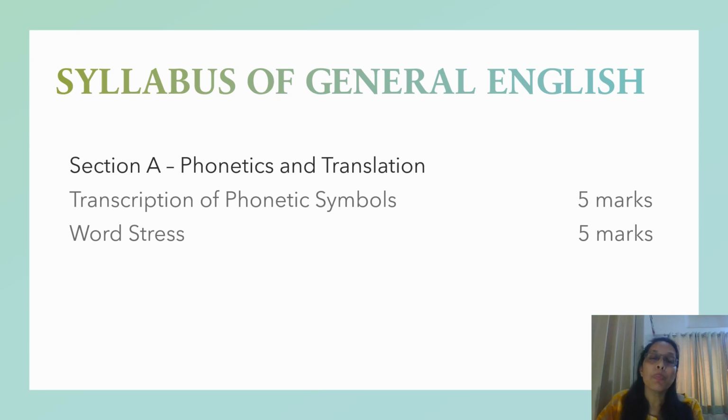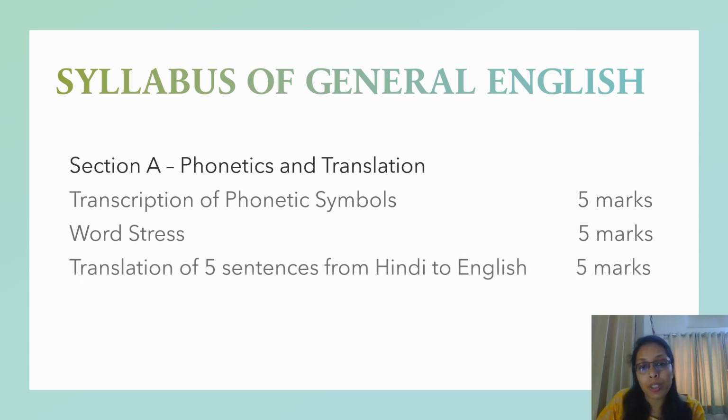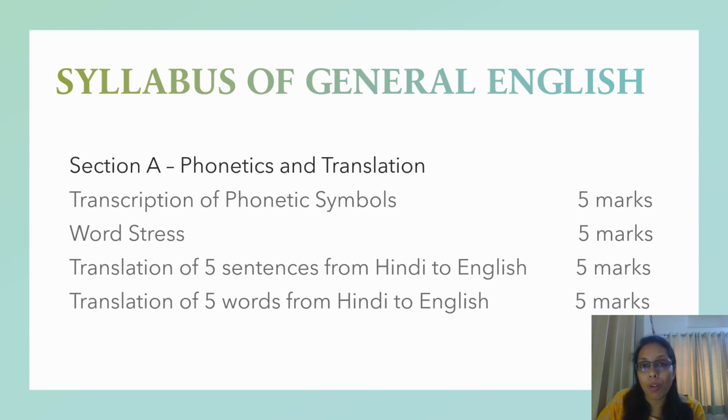You will have to put stress marks in the given words. Then 5 marks for translation of 5 sentences from Hindi to English, and 5 marks for translation of 5 words from Hindi to English. So this is the first section of your syllabus.